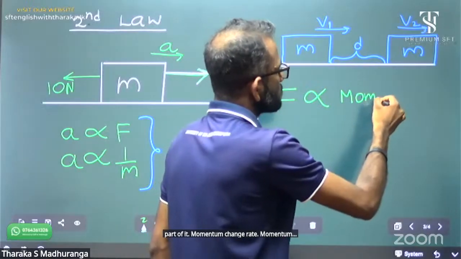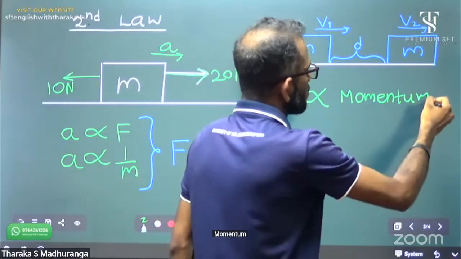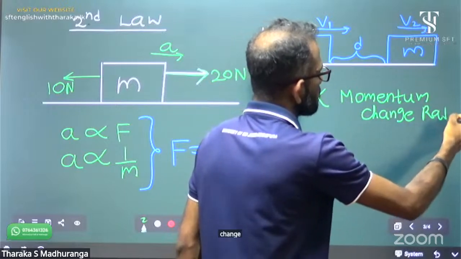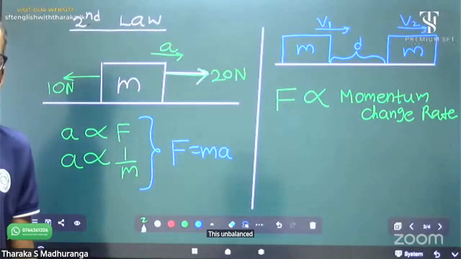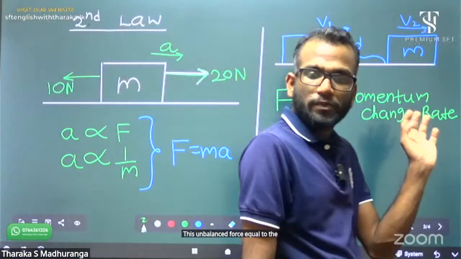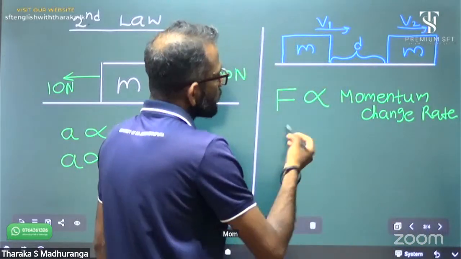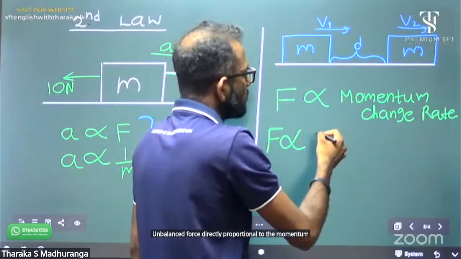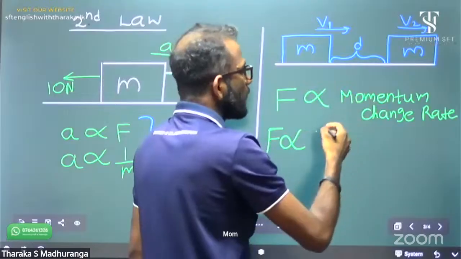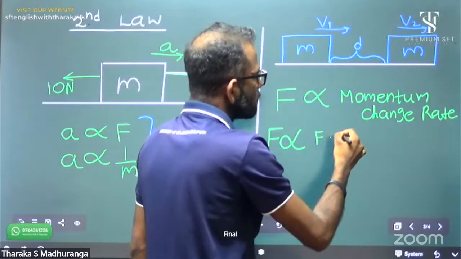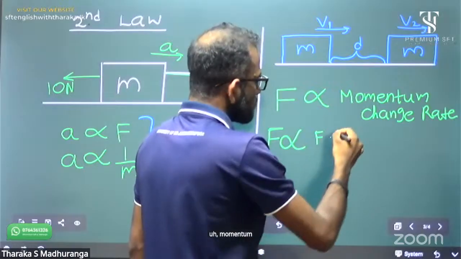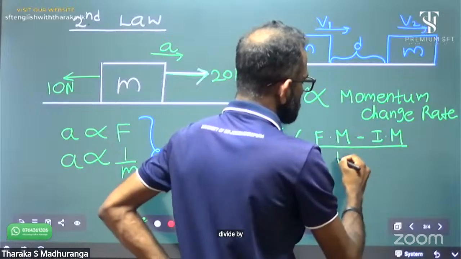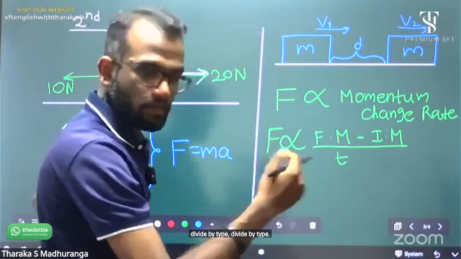Momentum change means final momentum minus initial momentum, divided by time. It's a short way.